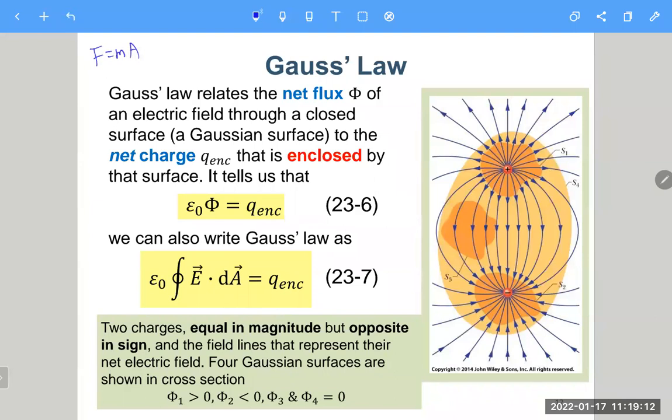Acceleration is the derivative of the velocity and the second derivative of the displacement. So we usually write it as m d2x over dt2, the second derivative of the displacement with respect to time.